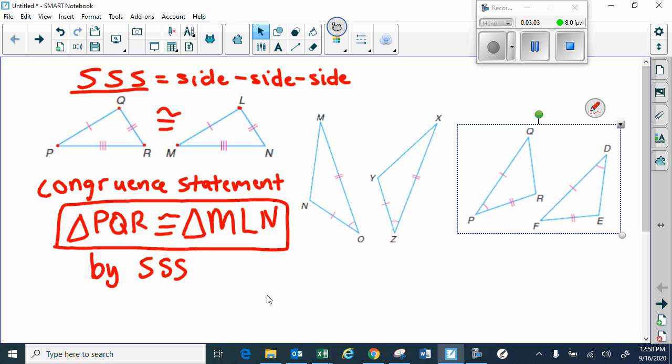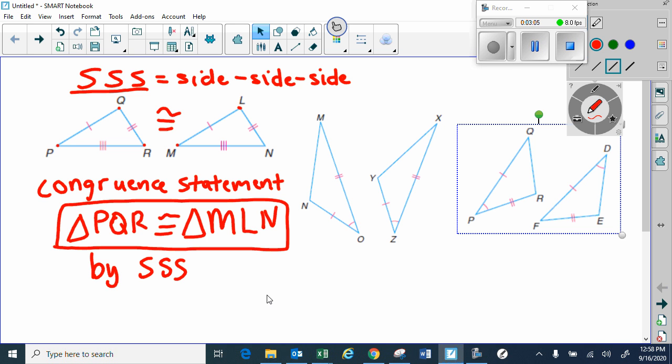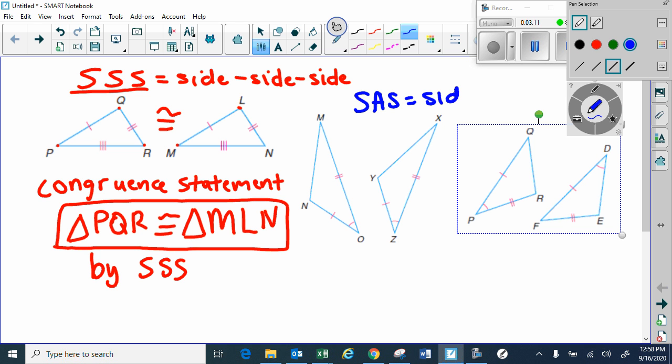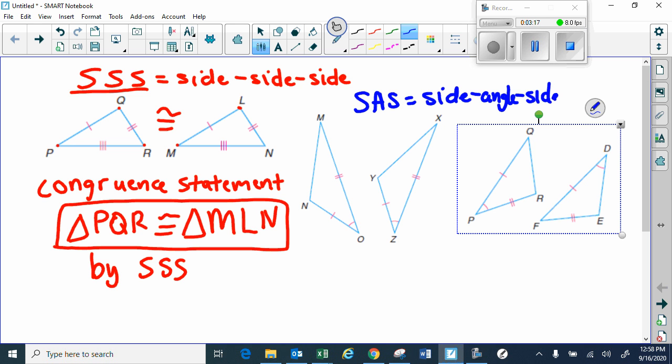The next step we have is SAS. Okay, SAS, which stands for side, angle, side. Okay, notice we have a side here, an angle, and another side. So the angle must be included between the two sides. Keyword is included between.